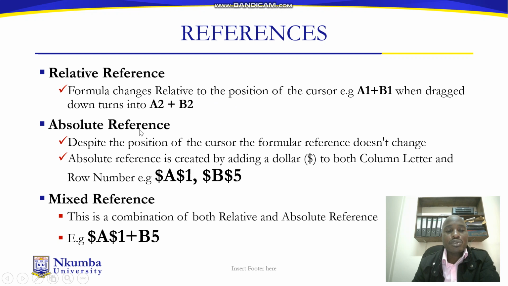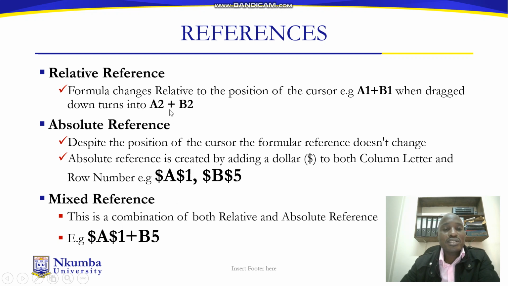Absolute referencing means that the reference will not change no matter which position we are in. Mixed referencing is a combination of both absolute and relative referencing. One side may not change, but one side can keep changing.